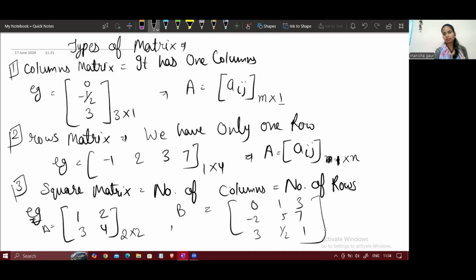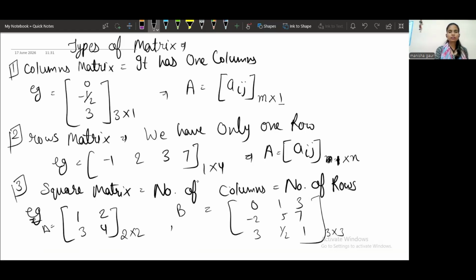In this, the number of rows and columns are the same. In general form, Aij is M cross M. Here the values of M would be the same. We can say that the order of this matrix is 2 or 3; you can say the order of this matrix is M.